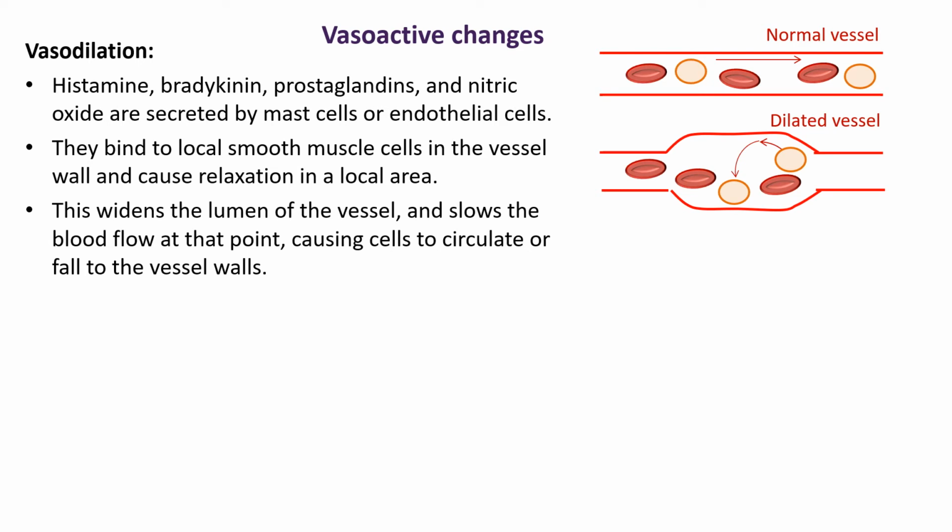This in turn slows down the blood flow at that point, because it's a bit like having a bulge in a hose pipe. The water under pressure in a nice straight tight line moves quite quickly. It gets to a widened area and it starts to get turbulent and it slows down. The cells within the blood, including the white cells, the leukocytes, start to circulate and fall to the vessel walls.